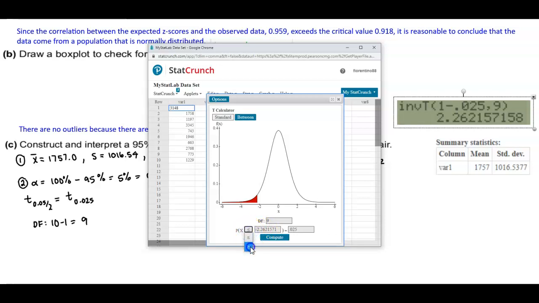So we want to make sure it says greater than or equal to. We want this area to be 0.025, and therefore it's going to give us the positive value. And if we wanted that to be less, then it would give us the area that's to the left of that, which gives us the same critical value.